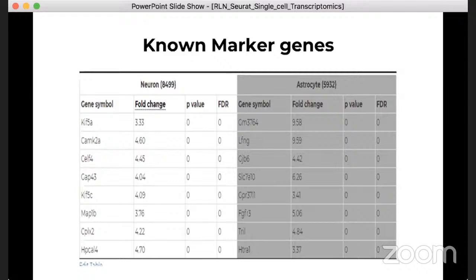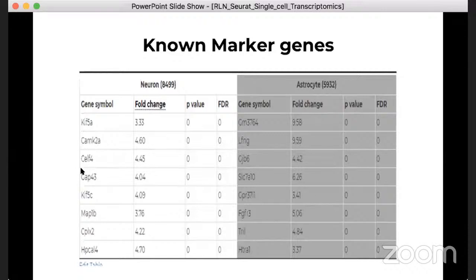From these we can use a database of known molecular markers, genes that associate with specific cell types, to annotate the cells that we observe in the count matrix and generate a table that looks like this.